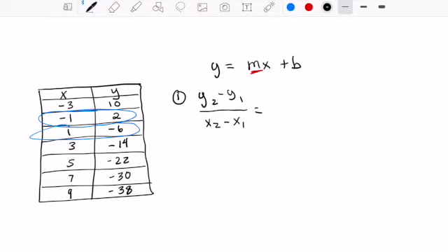So I know that this is my y2. I know this is my y1, x2, x1, and now we're going to plug it in. y2 minus y1 over x2 minus x1.